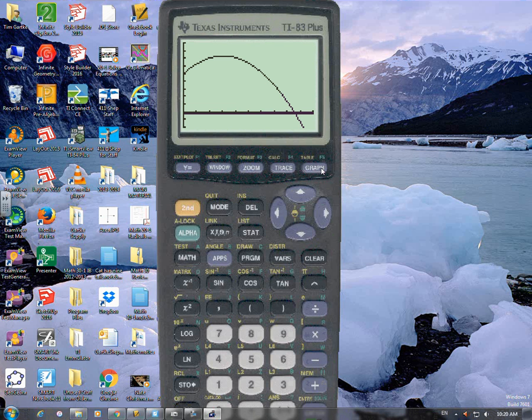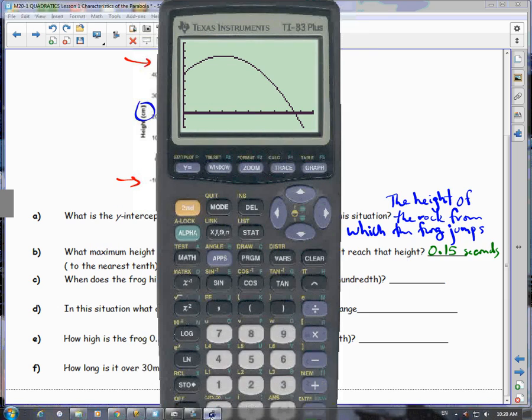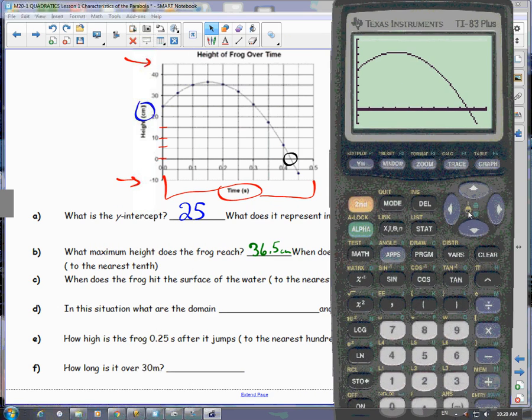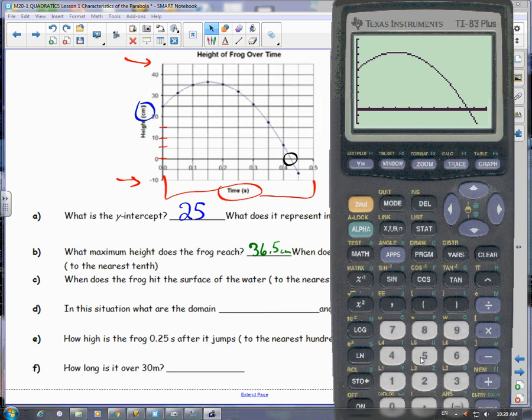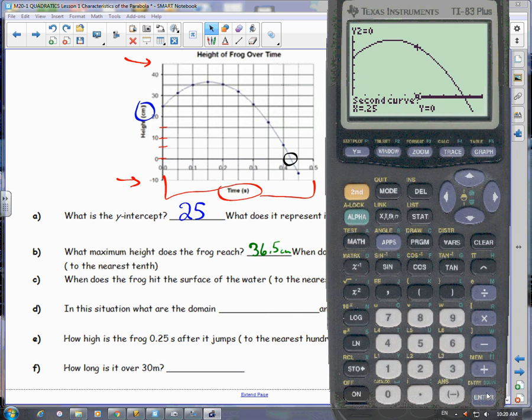And now by having that second line, easier now for me just to use my calc intersect feature to find where that first curve intersects the second curve. And it's close to 0.5, so as long as I hit 0.5, again, I want to make sure at the bottom of the screen that it reads intersection, right?